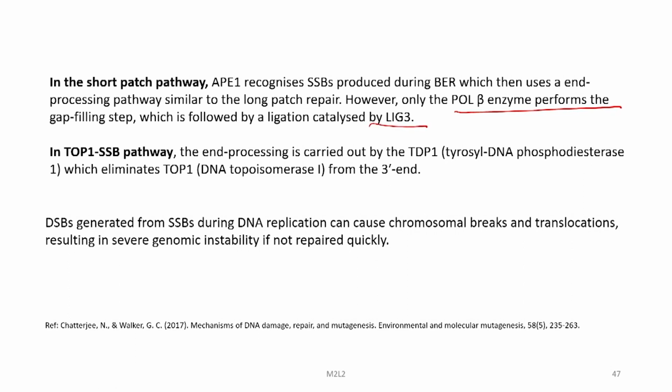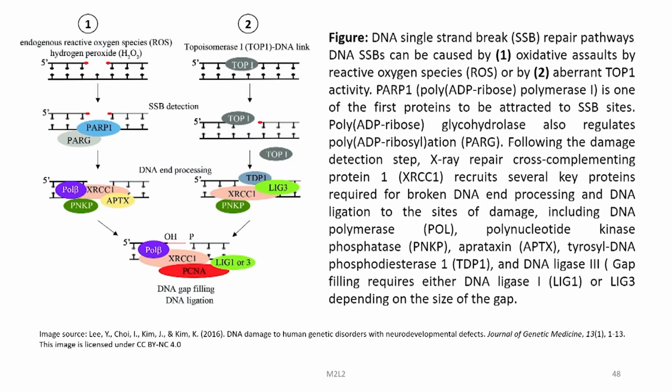In the TOP1 SSB pathway, the end processing is carried out by TDP1, which eliminates TOP1 from the 3' end. Double strand breaks generated from SSBs during DNA replication can cause chromosomal breaks and translocations, resulting in severe genomic instability if not repaired quickly, and these are addressed by the double strand break pathways.